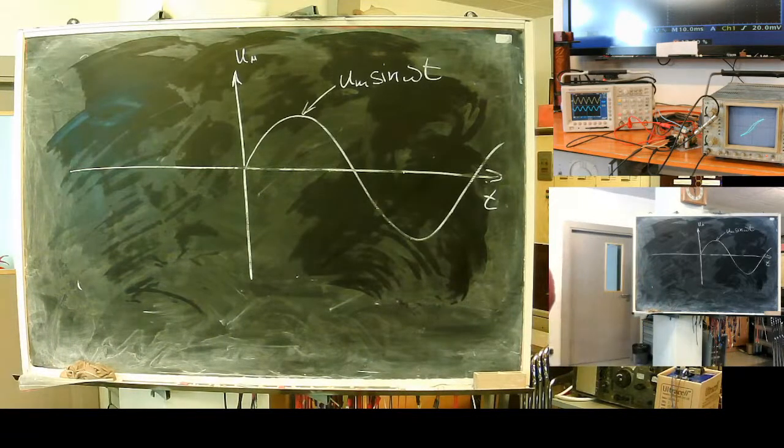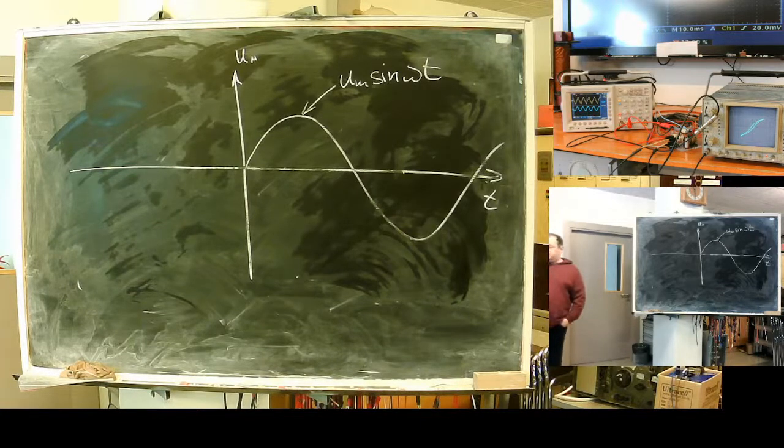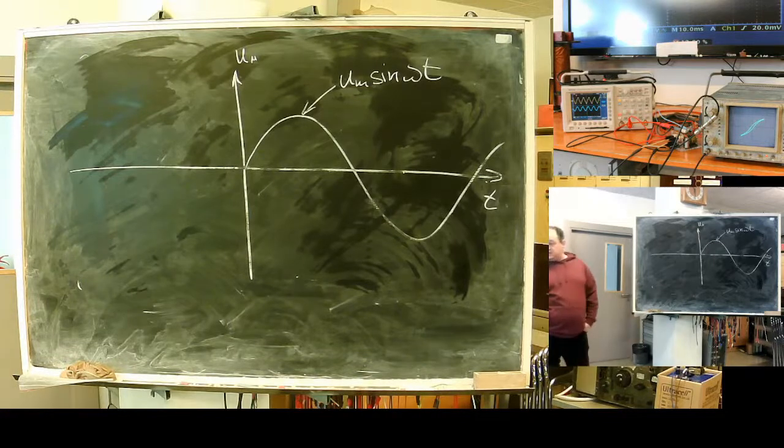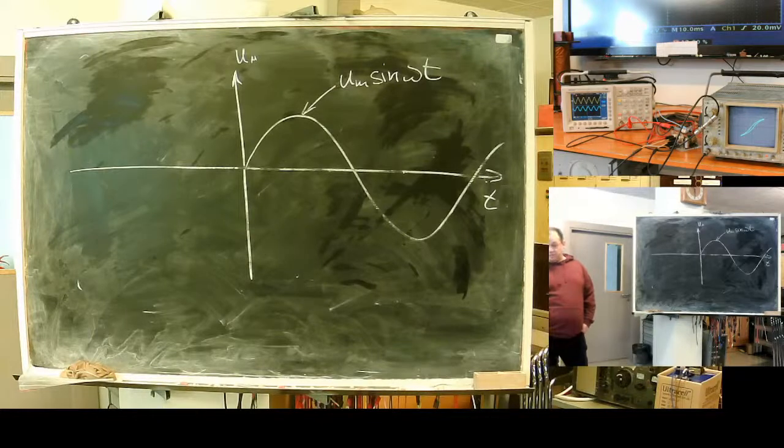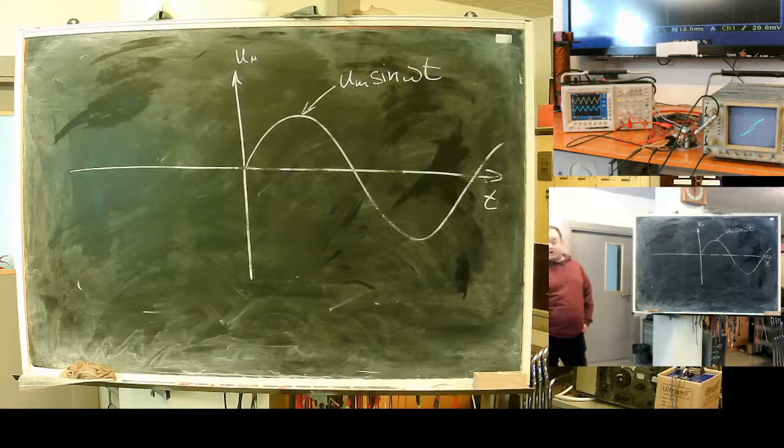I have connected the transformer to the network. Magnetizing current flows, no load regime, and induces a self-induction EMF in the primary winding. And this self-induction EMF is in equilibrium with the primary voltage. It's equal to the primary voltage.